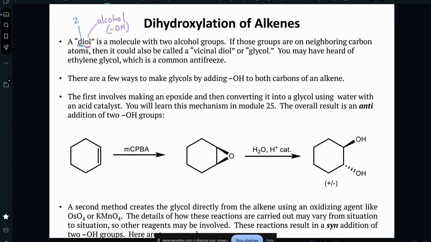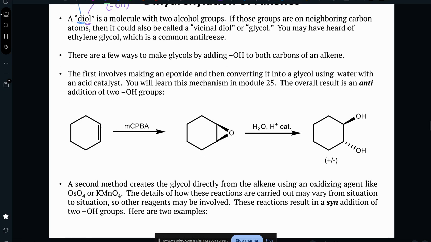So one way to make a glycol is to start with an alkene and then add the 2 OH groups. That can be done in 2 steps. First, you can turn your alkene into an epoxide. And then later on in Module 25, I'll show you how you can open the epoxide and turn it into 2 alcohol groups. So this would be your glycol.